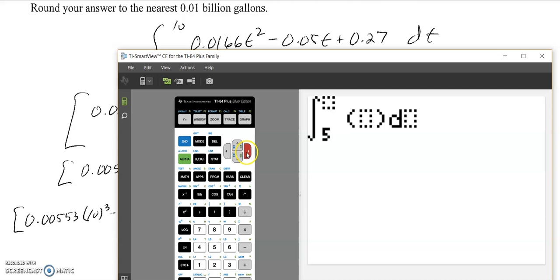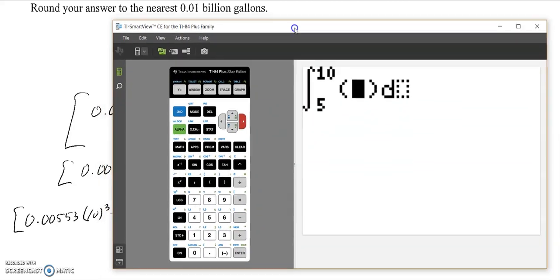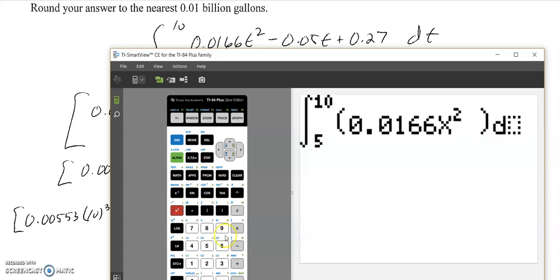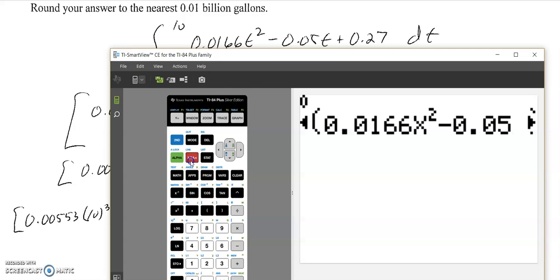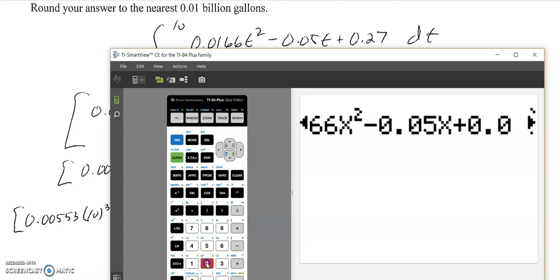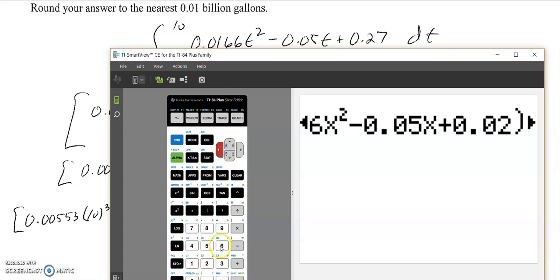So 5, push to the right, 10, push to the right, and that's 0.0166 x squared minus 0.05 x plus 0.27.